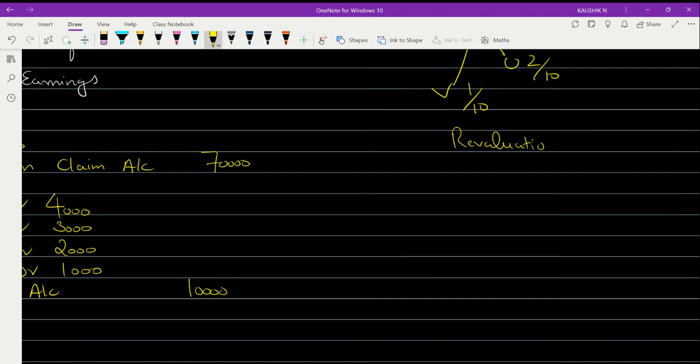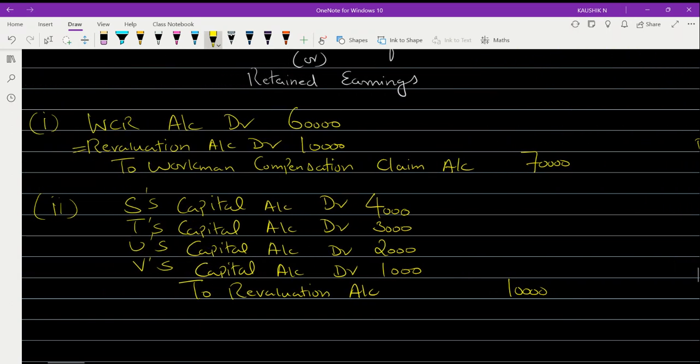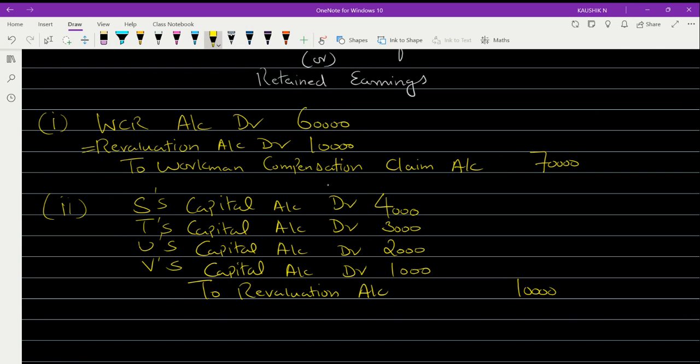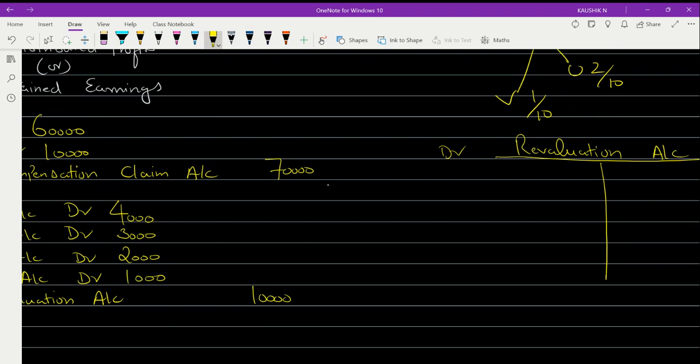It is completely a ledger account, with a debit side and a credit side. First, see what happened here. Revaluation has been debited, so take the account from the credit, to WCC, workman compensation claim. Record it over here.